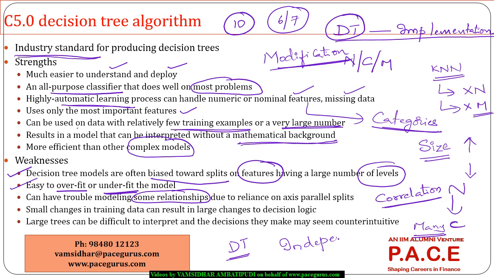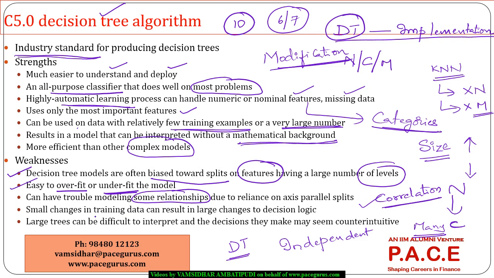But if the variables are very interrelated, which means the correlation between the variables is much higher, then I would see some kind of a problem in terms of the classification of the data. So I have to really see what is the extent of correlation that exists between my variables before I go ahead using a C5.0 decision tree algorithm.